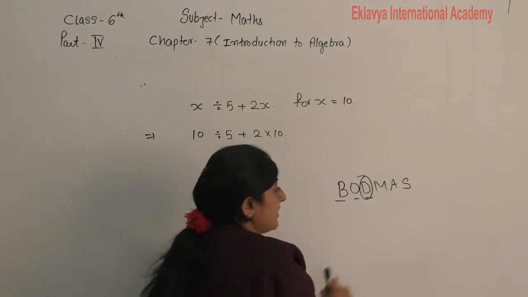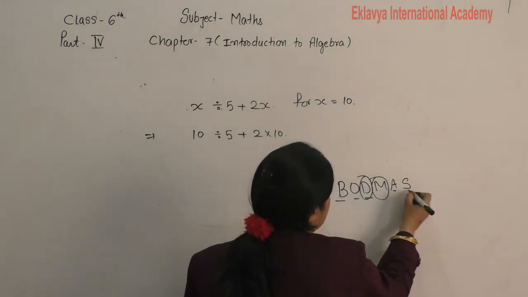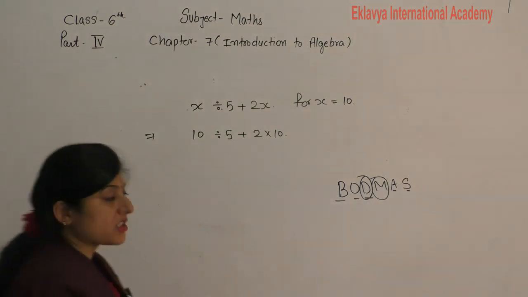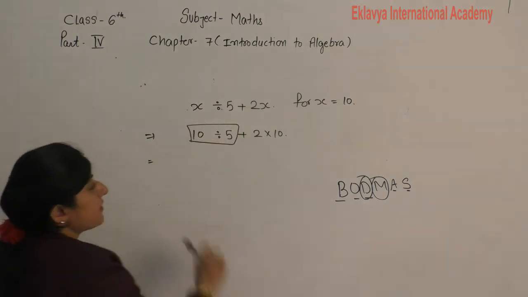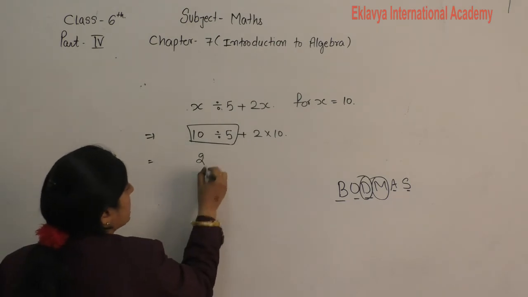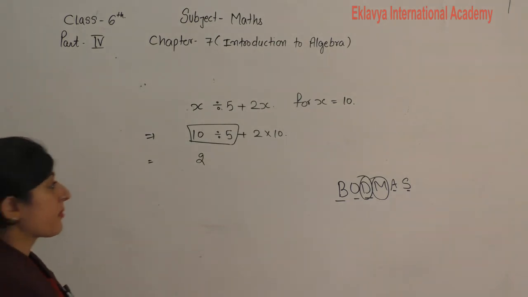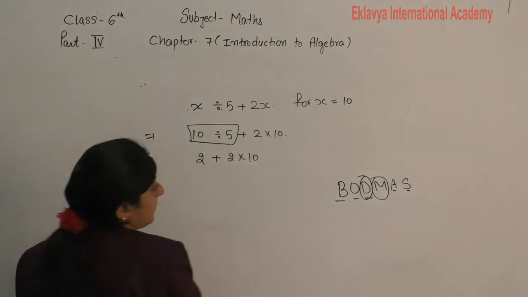Firstly we solve division, then multiplication, then addition and then subtraction. So in this process we will solve this division. 10 divided by 5 means 2. Then plus 2 multiply by 10.